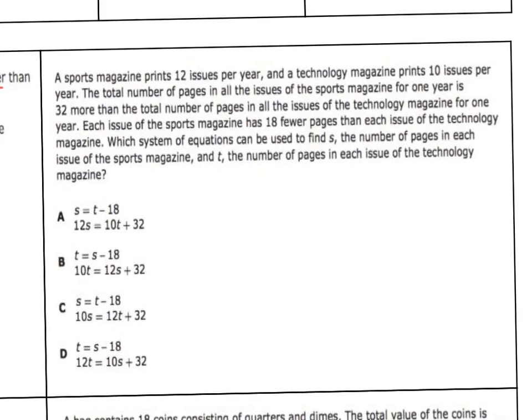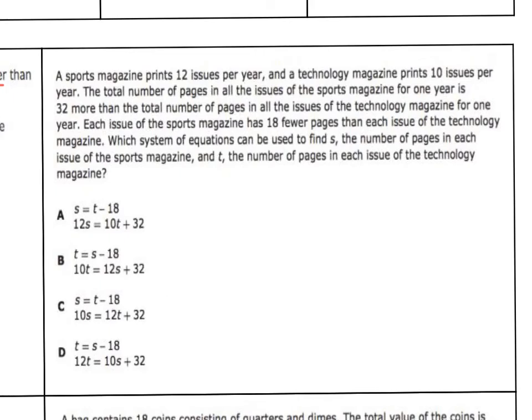Our second one has a big paragraph, but don't worry, we're going to work through it. A sports magazine prints 12 issues per year. Now, we can see in our answer choices they're using the letters S and T. So S must go with sports magazine. And a technology, T, prints 10 issues per year. The total number of pages in all the issues for 1 year is 32, so it's going to total up to 32.